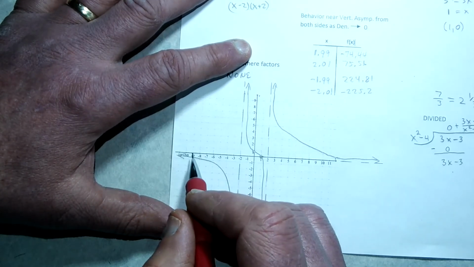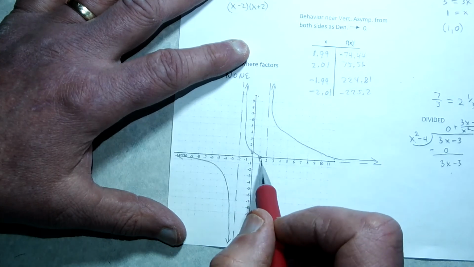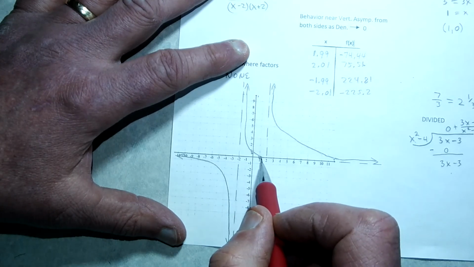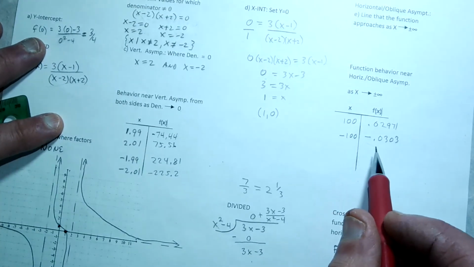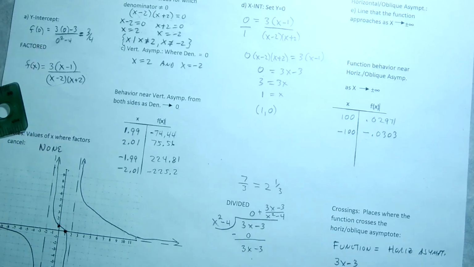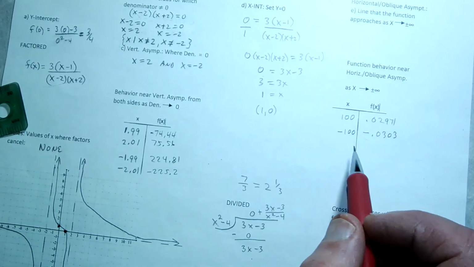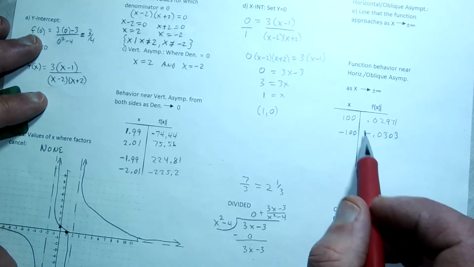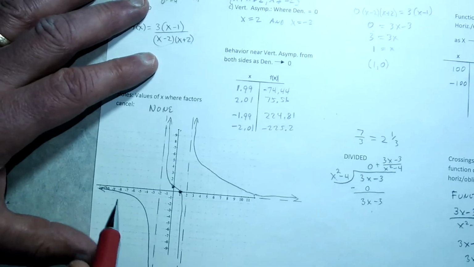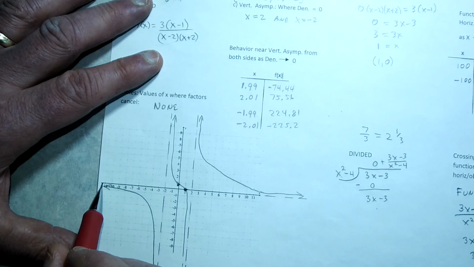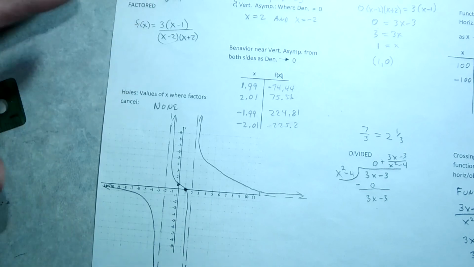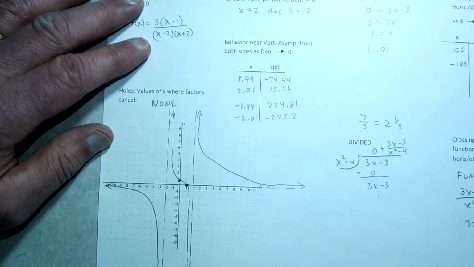We know that the only place where I actually had 0 for a y-coordinate on my function was at (1, 0). But I am running underneath, and this negative 100 helped me feel confident that I was doing the right thing, because when I put negative 100 in, I got a very small but negative value, meaning as I get out here to negative 100, I'm getting ever so close to the x-axis, but I'm not reaching it.